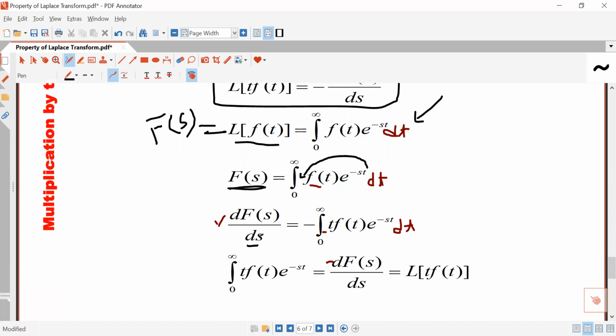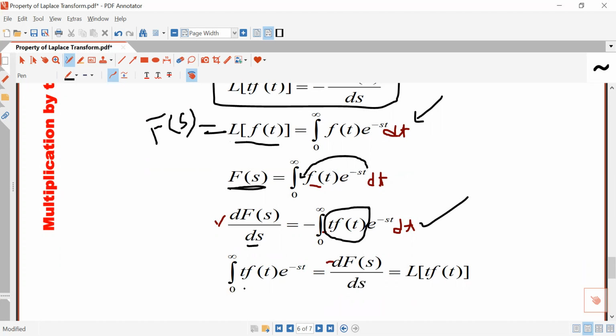So when you differentiate F(s) with respect to s, you will get the expression integral of minus t f(t) e to the power minus st dt. And obviously here, in place of f(t), there is t f(t).